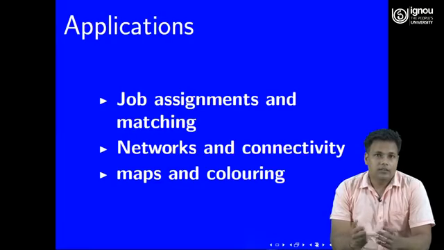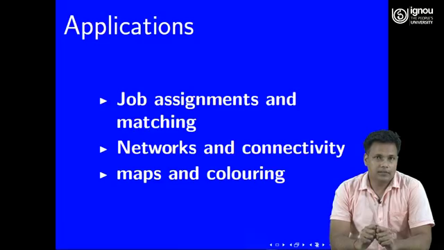Of course, this does not guarantee that all the jobs will be filled the way you want. For example, let's stick to a specific case. Suppose you have 5 jobs and 10 applicants, and all these 10 applicants are eligible only for 2 jobs. So in that case, you can't fill all the 5 jobs.